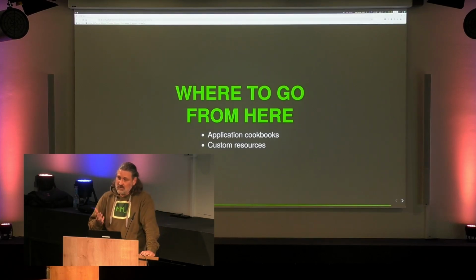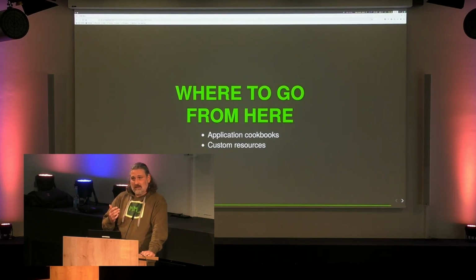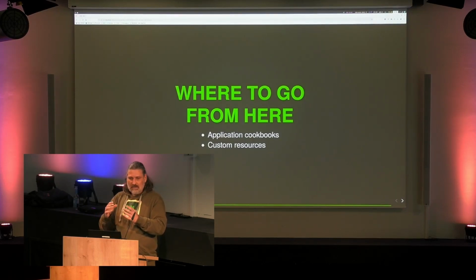And you can also apply a method called application cookbooks, where you basically build your cookbooks on the basis of other cookbooks. For example, we tend to build very low-level cookbooks for a specific service. For example, we have an Nginx cookbook that simply takes care of installing Nginx and setting up a decent configuration file.